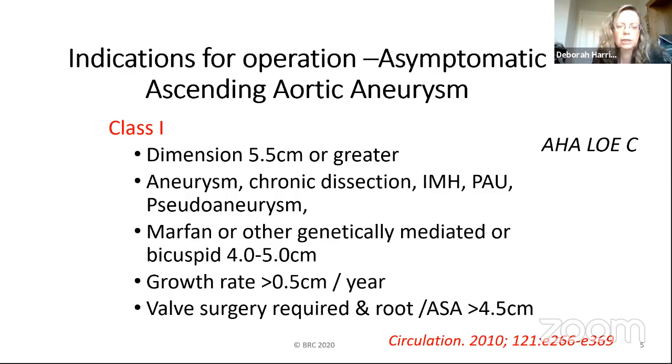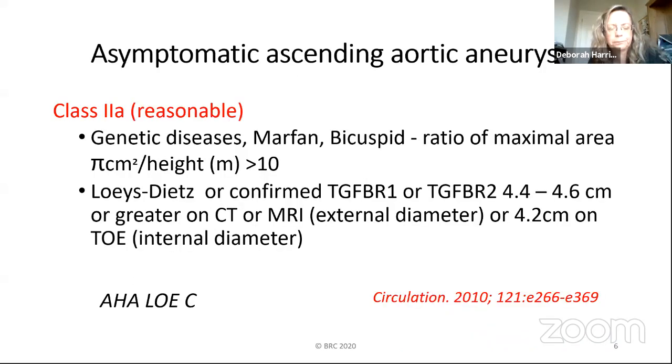Another indication is growth rate of more than 0.5 centimeter per year. And also, we all know that patients undergoing concomitant surgery, so other cardiac surgery, if they have a dilated ascending aortic root, they should, as long as they haven't got too much comorbidity, have intervention at about 4.5 centimeters, and that would be quite a common day-to-day sort of intervention.